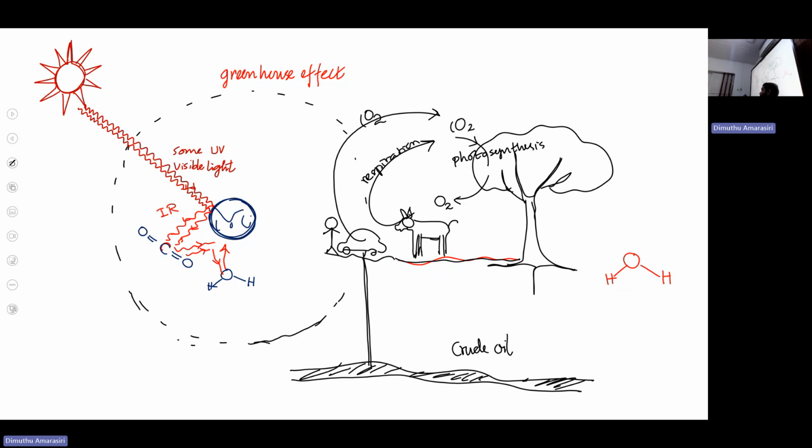Then what will happen? Islands like Sri Lanka, Maldives will be gone. Third, the most disastrous one, what is that? Climate change.